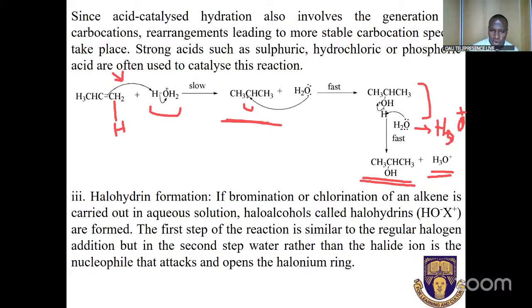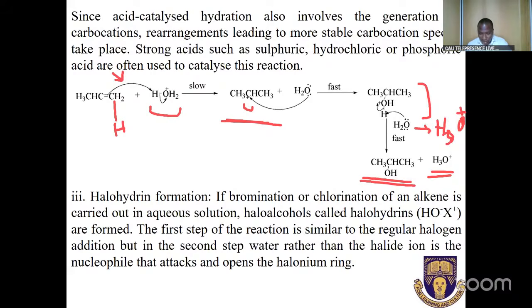Remember, we have said before that tertiary carbocations are more stable than secondary carbocations, which are more stable than primary, and primary carbocations are more stable than the methyl carbocation. So essentially we have the preparation of alcohol from the reaction of an alkene with water, a hydration reaction.